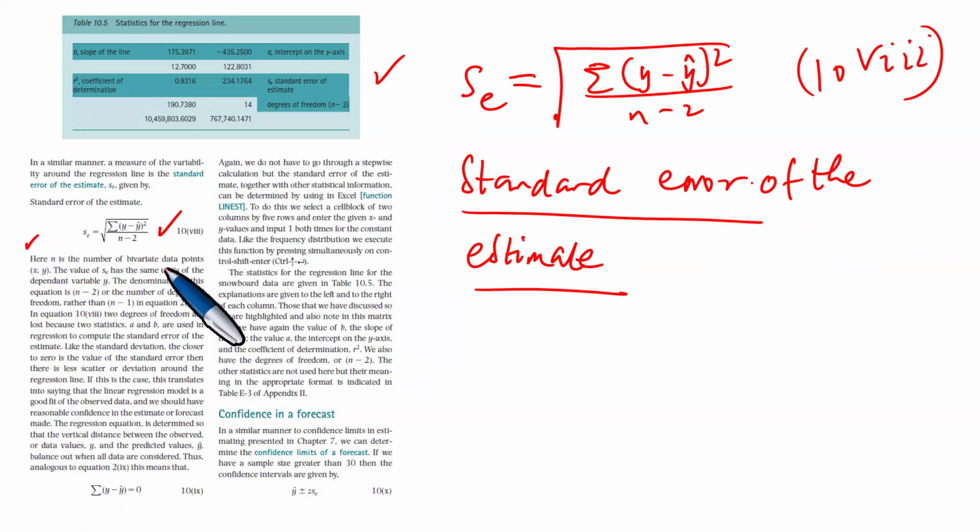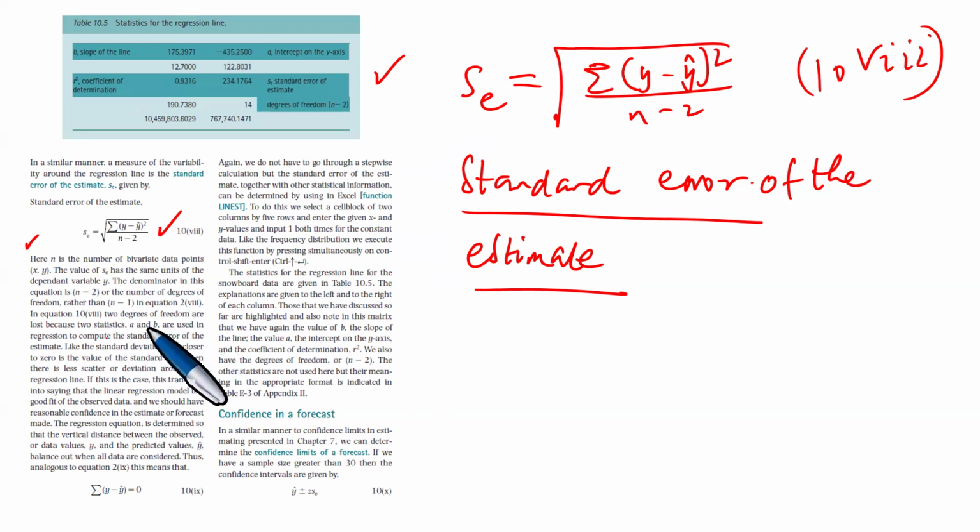Here n is the number of bivariate data points x and y. The value of SE has the same units as the dependent variable y. The denominator in this equation is n minus 2, or the number of degrees of freedom, rather than n minus 1 as in equations 10 and 8.